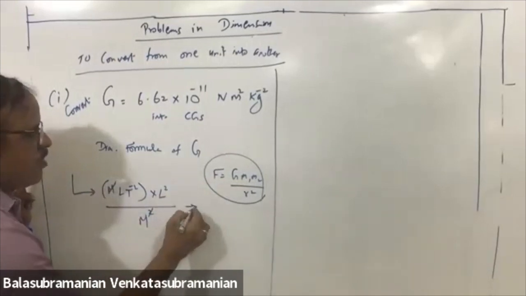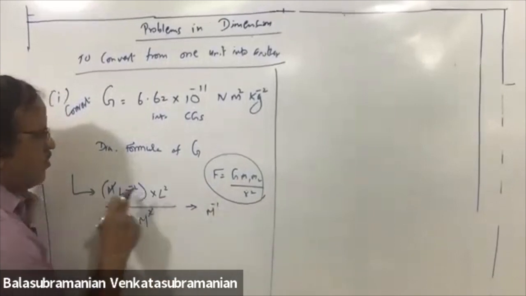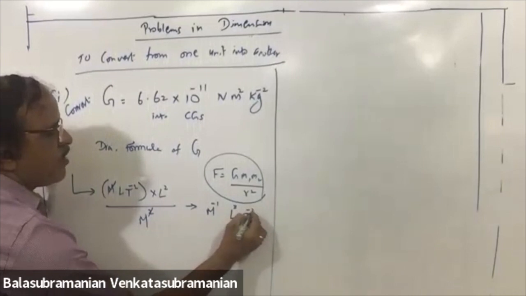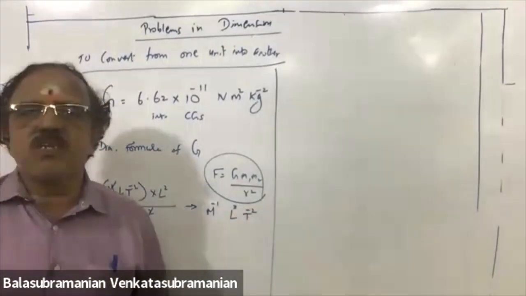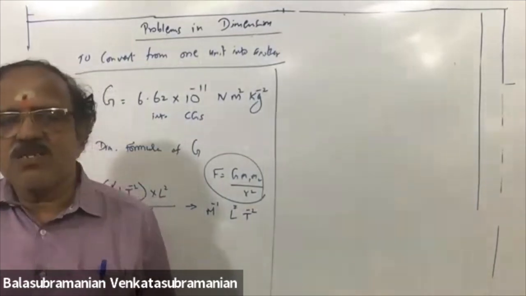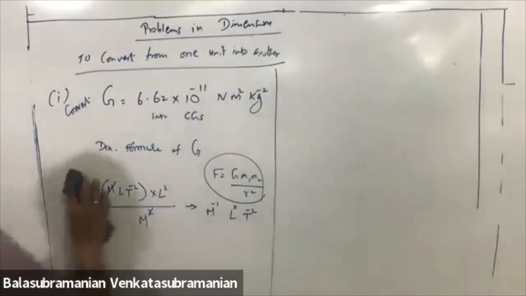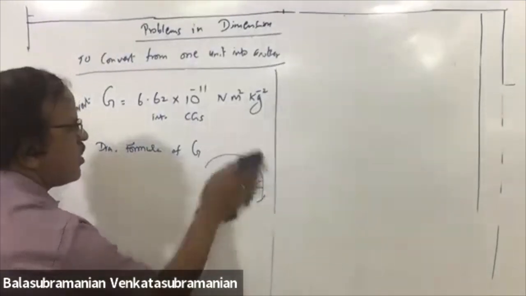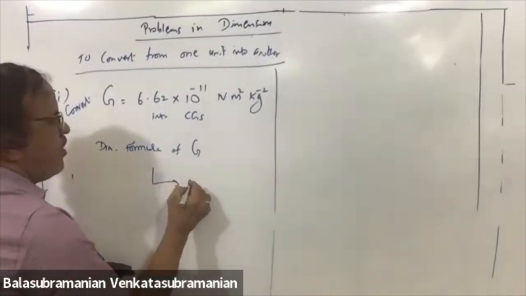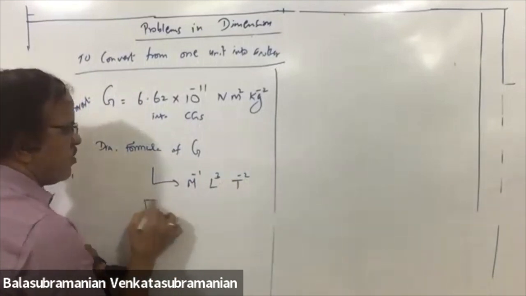Cancel. What will you get? M power minus 1 L cube T power minus 2. So this is the dimensional formula for gravitational constant: M power minus 1 L cube T power minus 2.